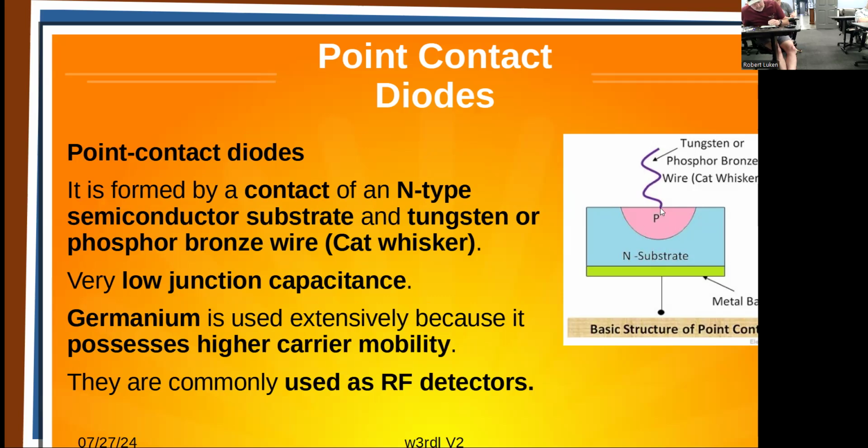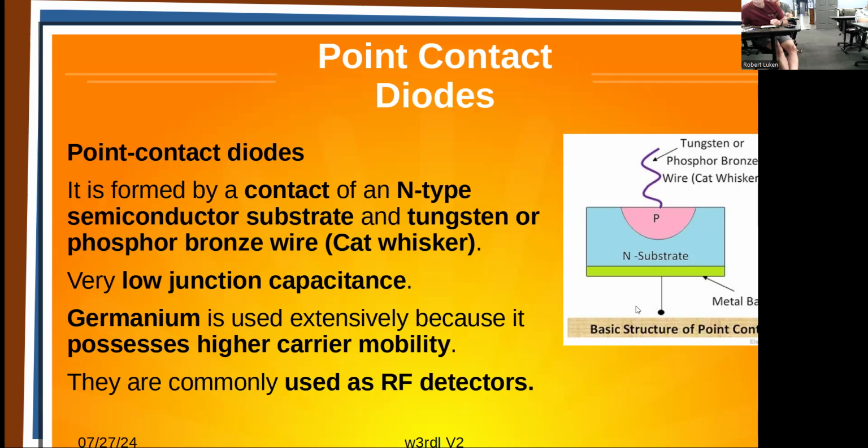Because of the way it's made, it has a very low junction capacitance, and they're normally germanium, because germanium tends to have a higher carrier mobility than silicon does. I guess that means there's more free electrons per mass than silicon. I'm not exactly sure.